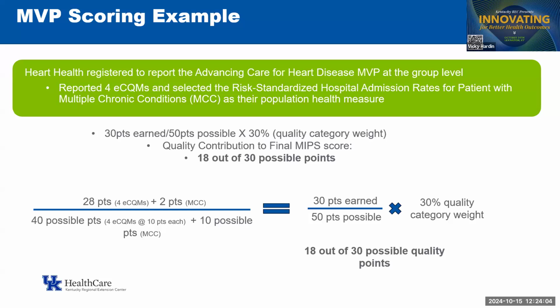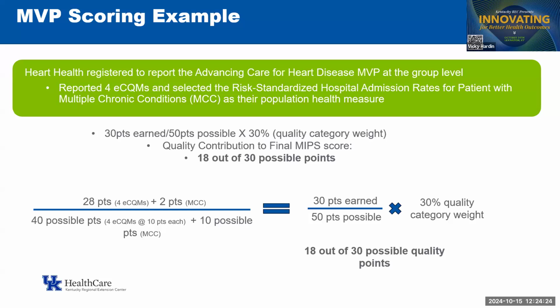So they earned 30 points for the quality category out of a possible 50 points. And you multiply that by 30%, which is the category weight, they received 18 points out of a possible 30 points for their quality MIPS score.